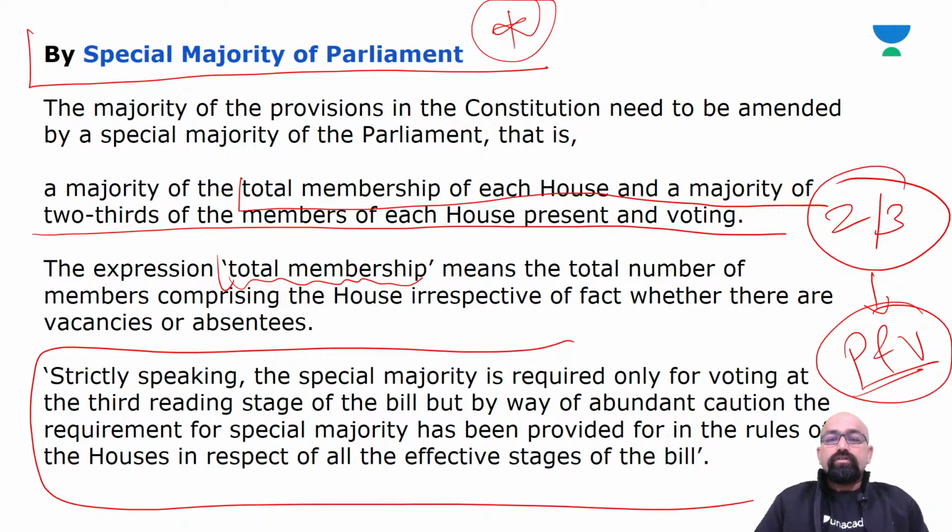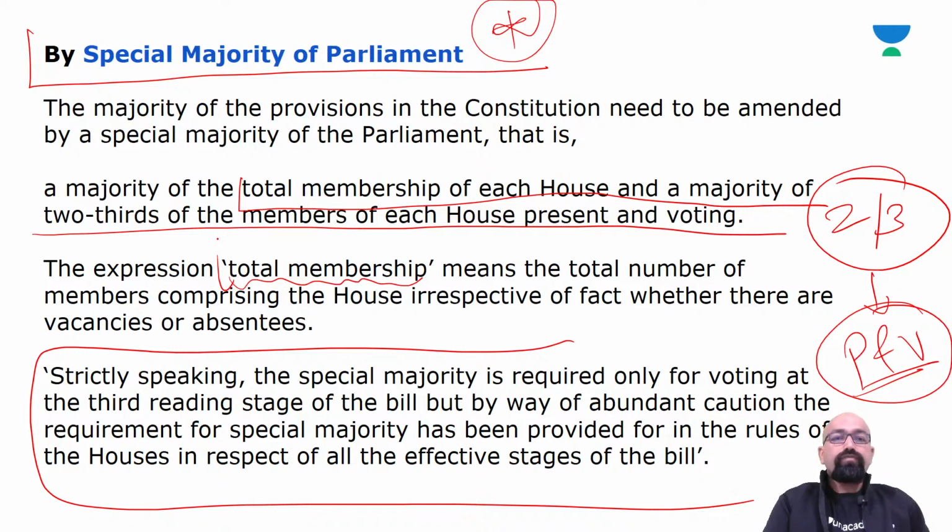So we can say the special majority is required only for voting at the third reading stage of the bill, but by way of abundant caution, the requirement of special majority has been provided for in the rules of the houses in respect of all effective stages of the bill.